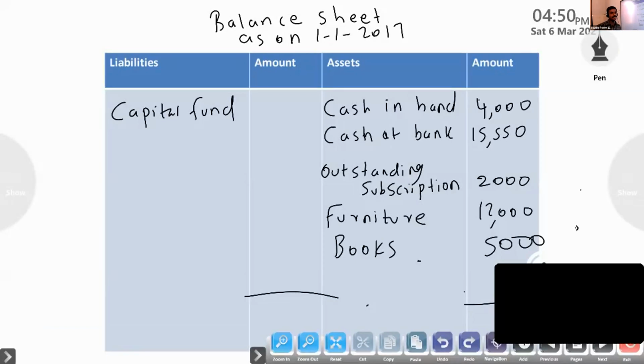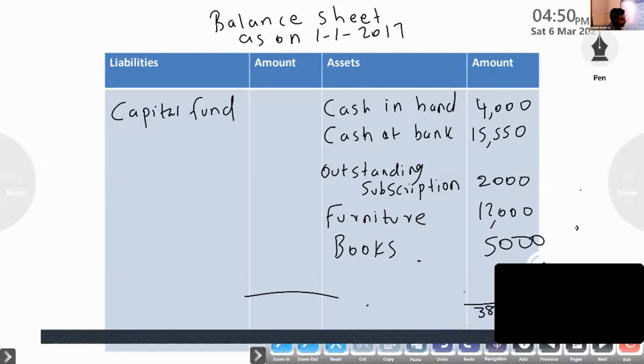First we have to look at the receipt and payment account, then adjustments, any last year item. Here it is given. 38,550. Yes, 38,550. Balance in figure.